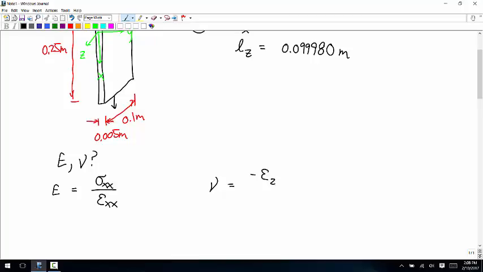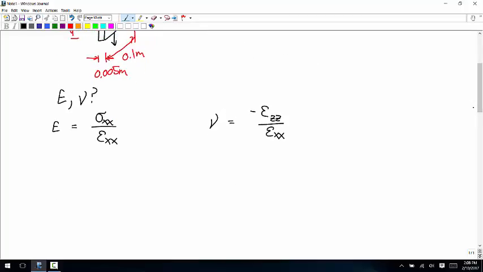We're going to use the Z because that's the measurement that we're given, divided by the strain along the loaded axis. And so we need to figure out three things: the XX stress, the XX strain, and the ZZ strain.